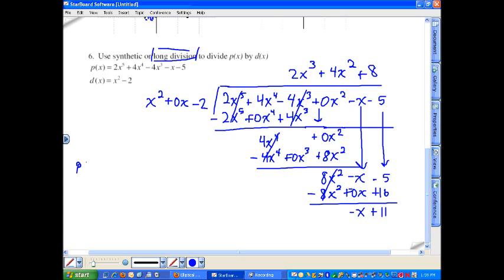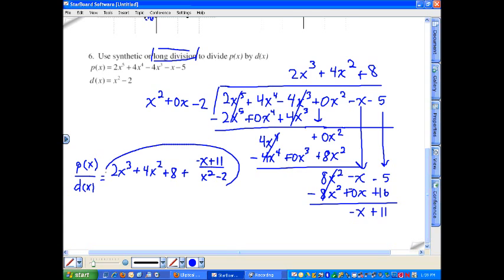So p of x, when it is divided by d of x, results in a quotient of 2x to the 3rd plus 4x squared plus 8 with the remainder. Okay, that'll finish up part 1.